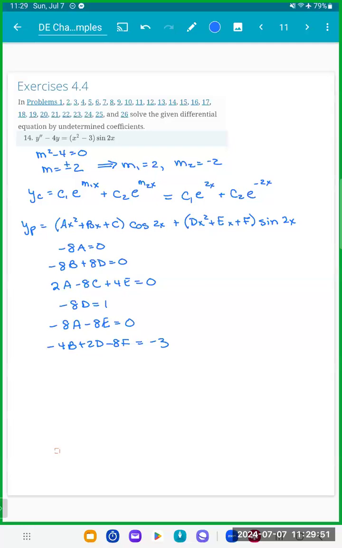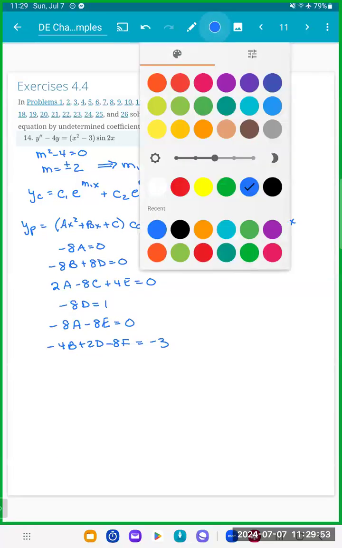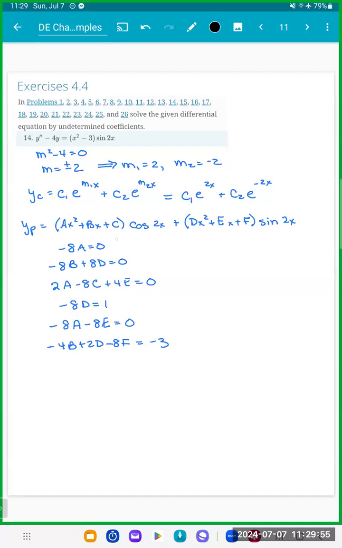Okay, so simplifying this, for the first one here, we get a equals 0. This one here also is pretty easy. D is equal to negative 1/8. Now that we have D, we could plug that into this up here.